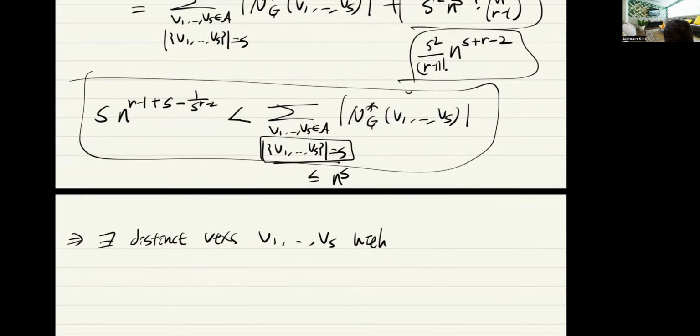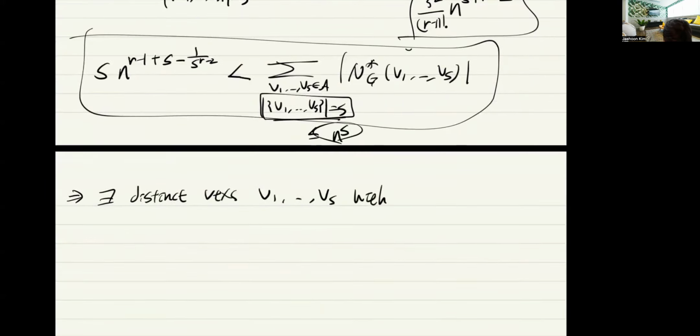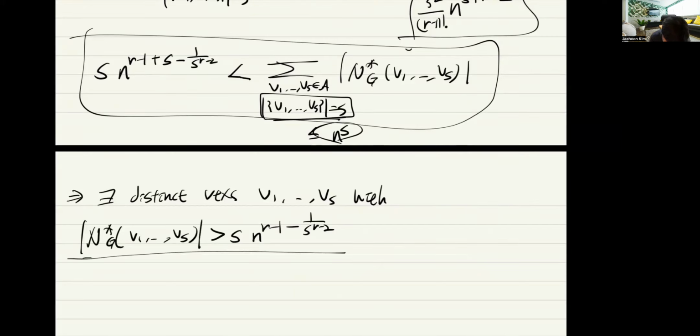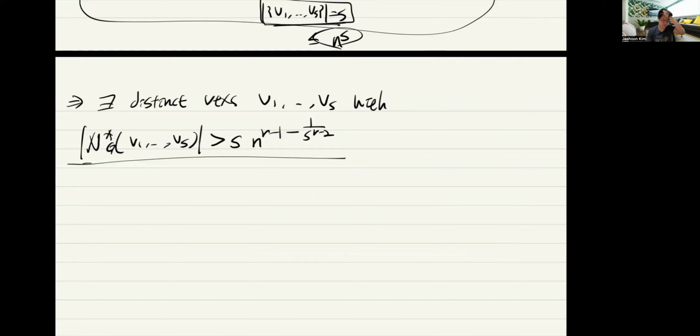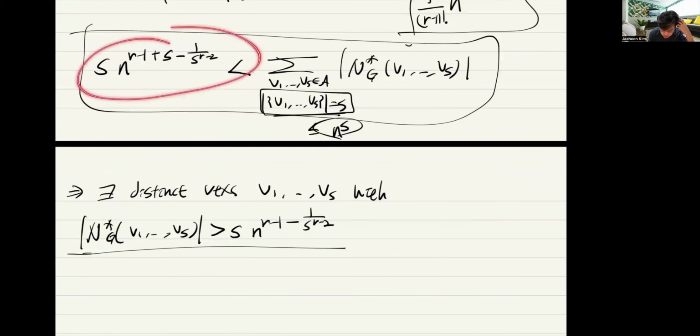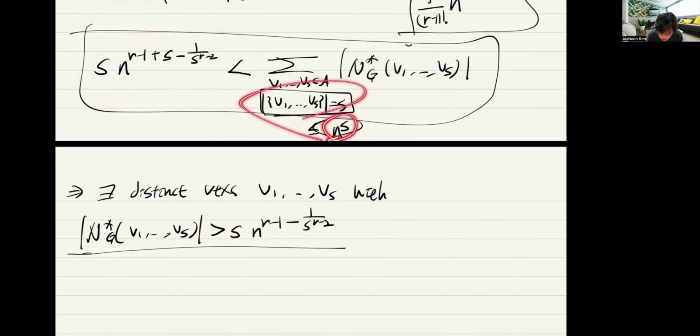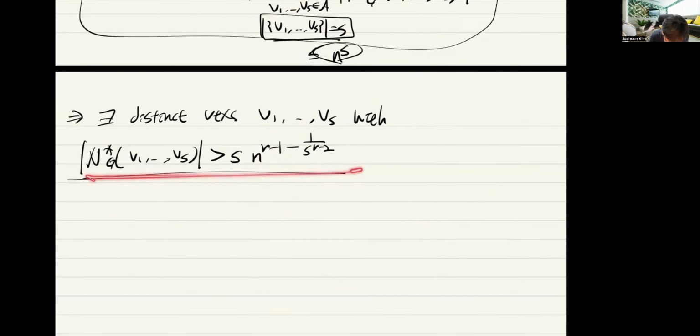You divide this number on the left side by f, then you get this many. So the summation is bigger than that, and the number of terms is at most n to the f. So one of them must be bigger than this divided by n to the f. So you have this.